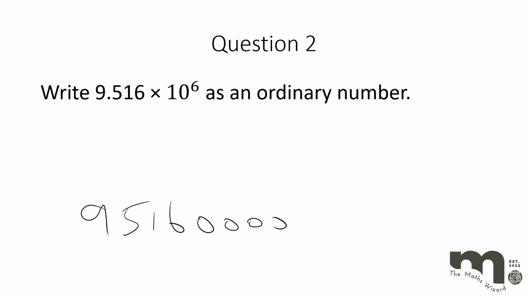It's in between that 9 and the 5 so far, and we're going to be moving it 6 times to there. Okay, so we will end up with 9,516,000 for this one, and you can see that after that 9 you've got 6 digits. And you've got a power of 6 there, so that's another way of trying to figure it out.